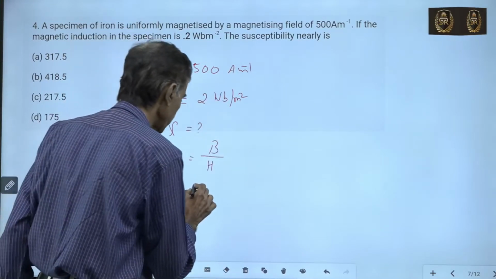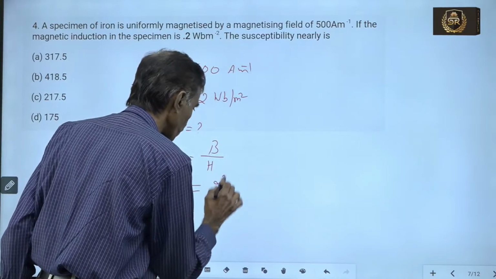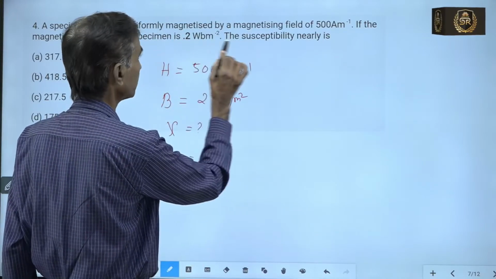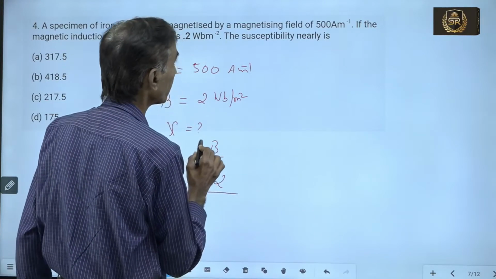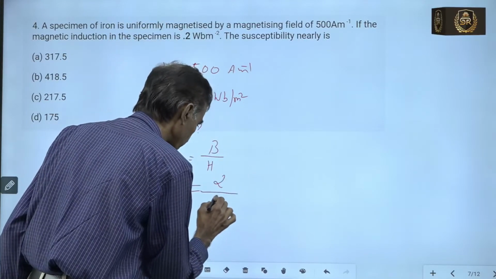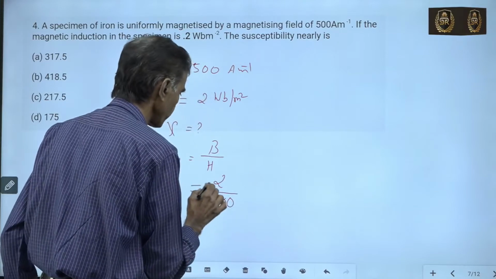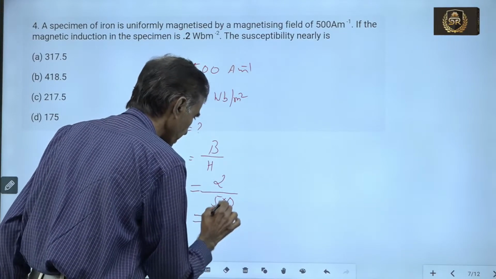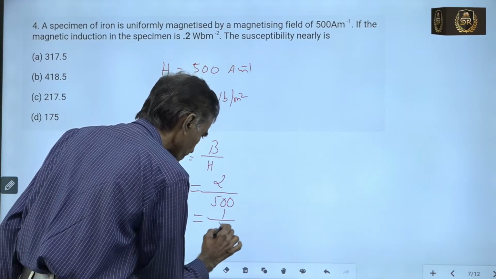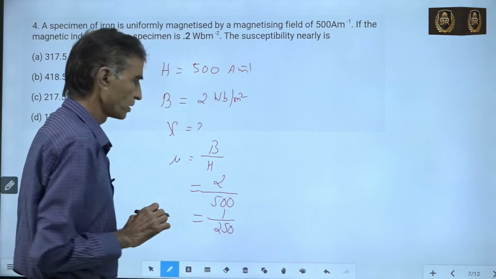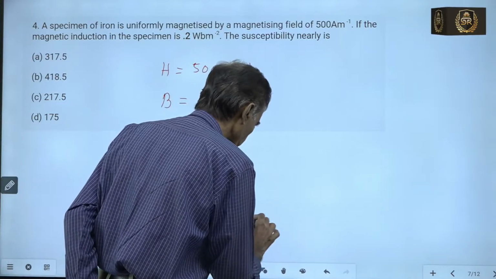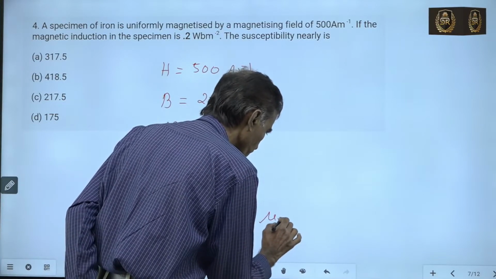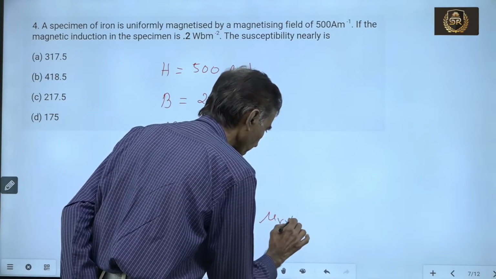So, B is how much? B is given as 2. Check units, very important. Units are very important. 2 divided by 500. This is not our answer, so we need not bother about this. Just keep it as it is, 1 by 250. And we know mu is equal to mu r and mu naught.